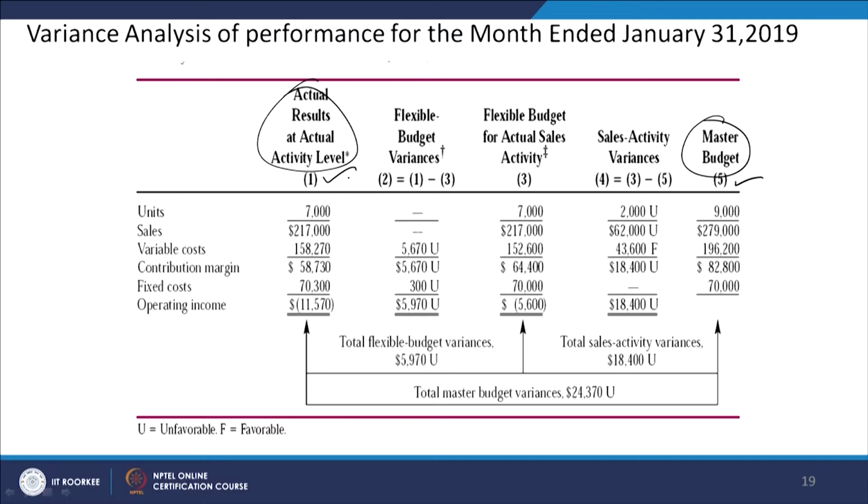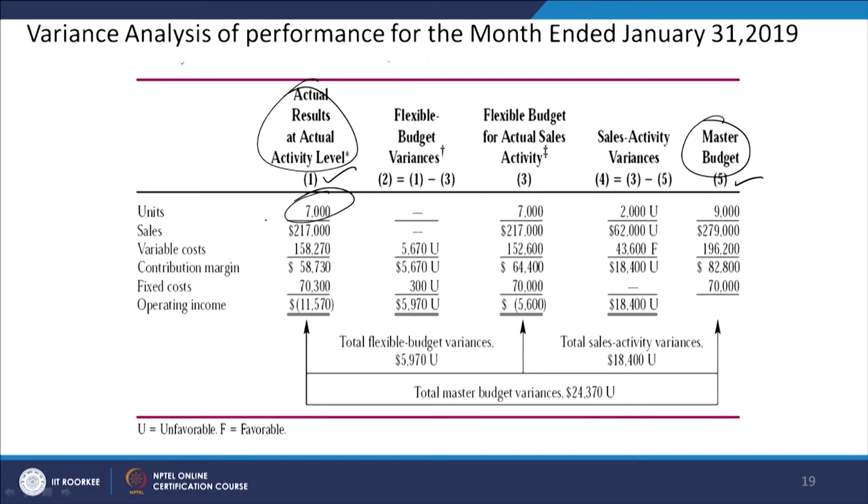So, if you compare this column, the column number 5 with the column number 1 or vice versa, then it does not make any sense, because cost at 7,000 units is expected to be different, and the cost at 9,000 units level of production and sales is certainly expected to be different, right. So, we will now have to create a flexible budget for the same level of production which is actual, that is 7,000.